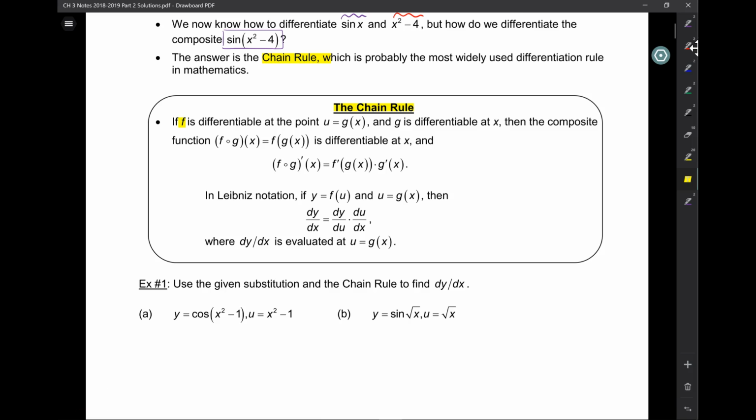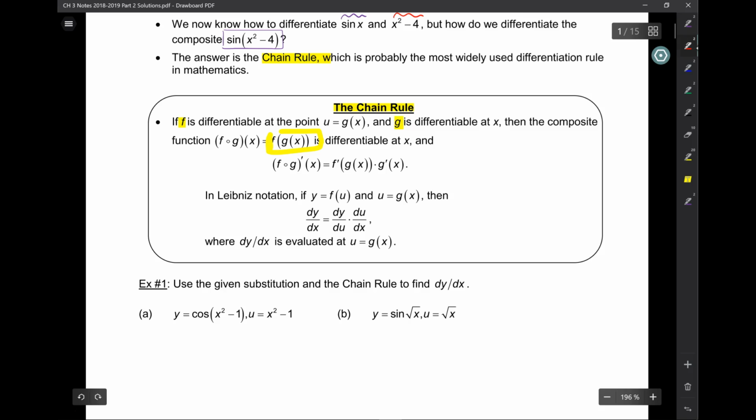Suppose f is differentiable at the point u, and g is differentiable at x. Then the composite function, right, here's what we're talking about. Here's how the composite function is differentiable. So here's what we do.